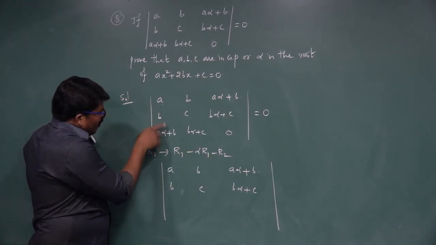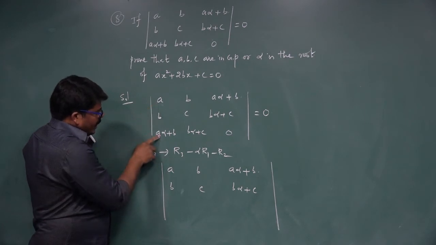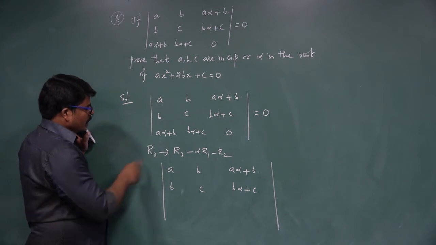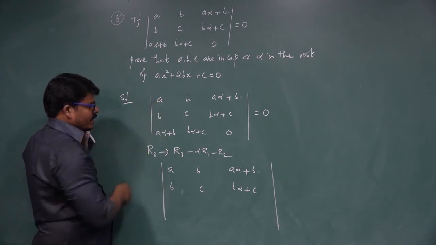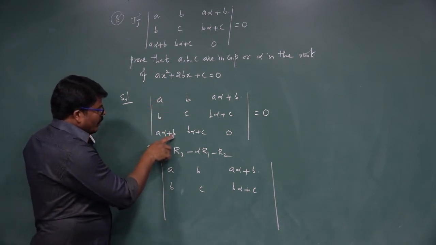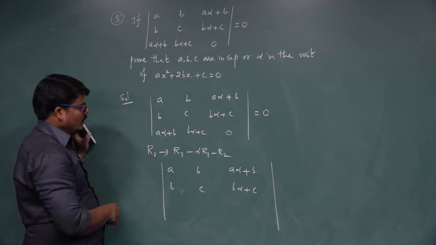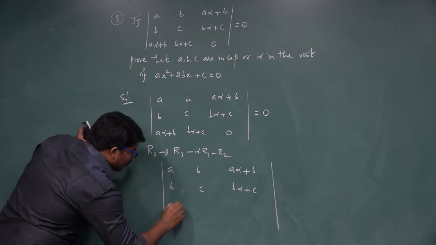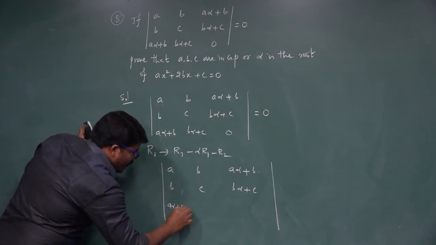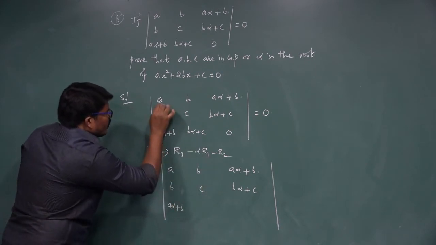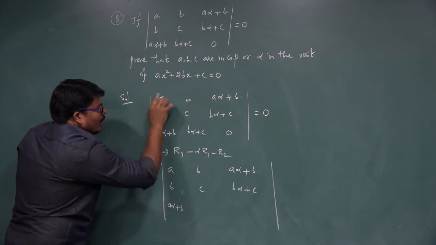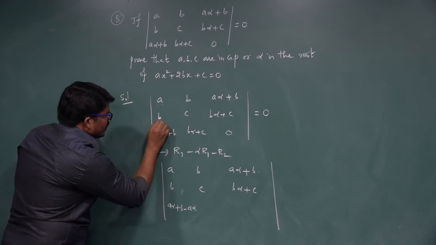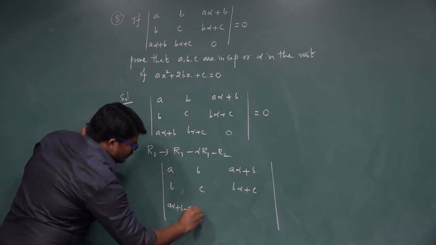In R3, A alpha plus B minus A alpha, A alpha minus A alpha cancel. Next, B minus B are cancelled. That is R3 is A alpha plus B minus alpha R1. R1 is multiplied by alpha, A alpha minus A alpha. Next, minus B.